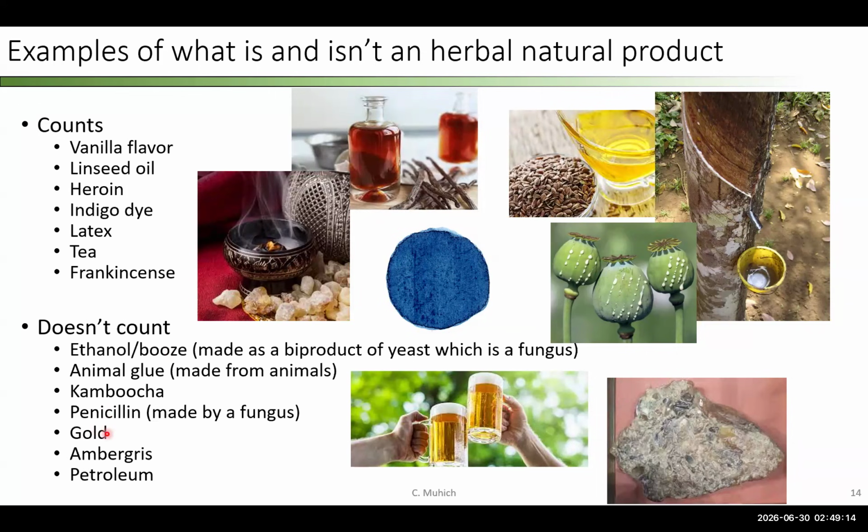Gold is an inorganic material, and petroleum is long decayed plant and animal matter. Ambergris, which is used in perfumes, comes out of a whale's digestive tract and therefore doesn't count either.